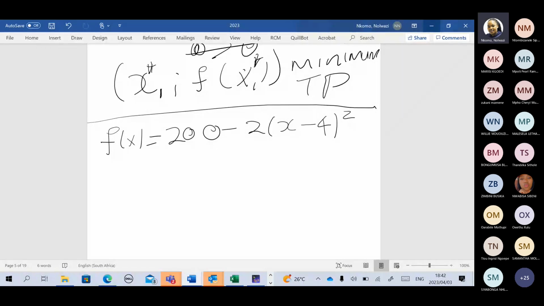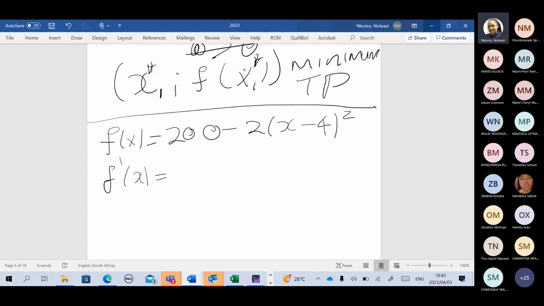I said the first thing that you need to do is to find the derivative of your function, meaning we have to find f prime at x. And if we differentiate this function, we have 200 minus 2 times x minus 4 squared.